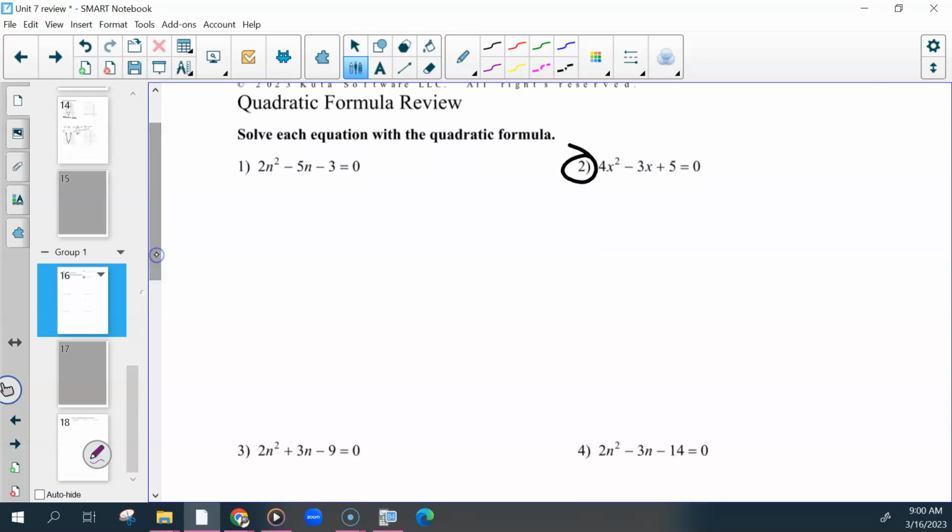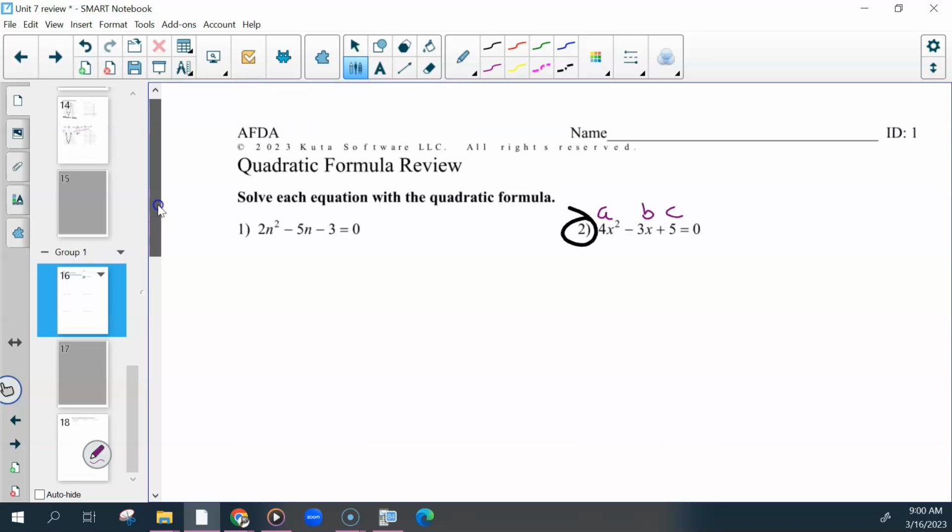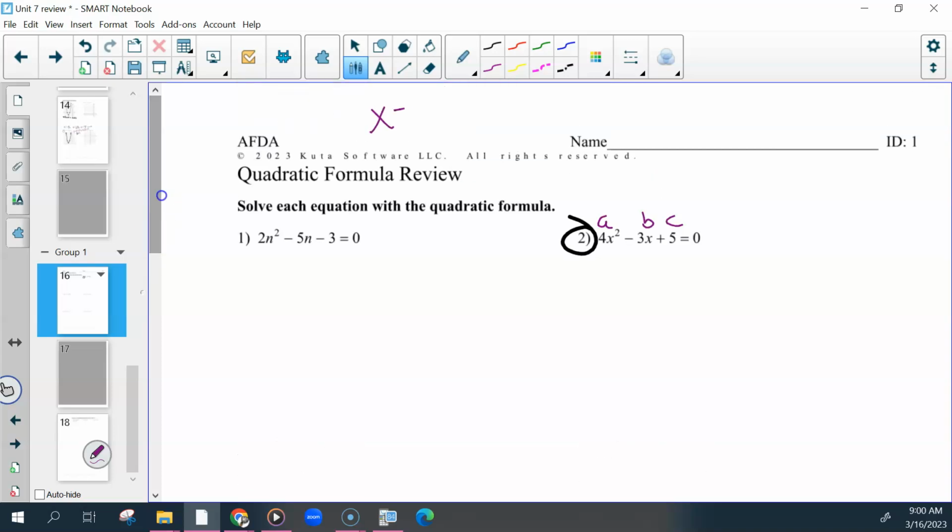And then number 2 on the other review. Same process. Label your A, B, and C values. If you want to put the formula up here so you have it, you can do that as well. X equals negative B plus or minus the square root of B squared minus 4AC all over 2A.